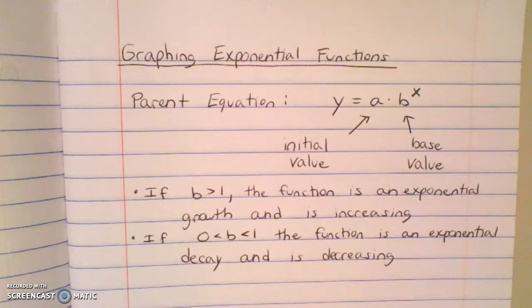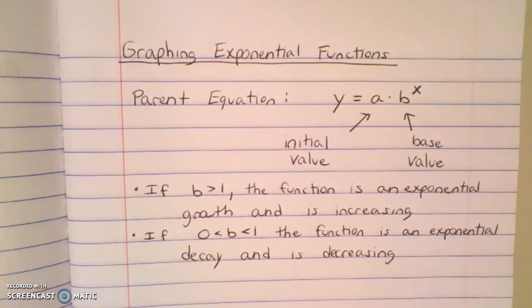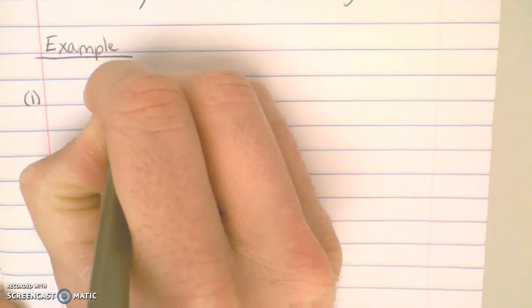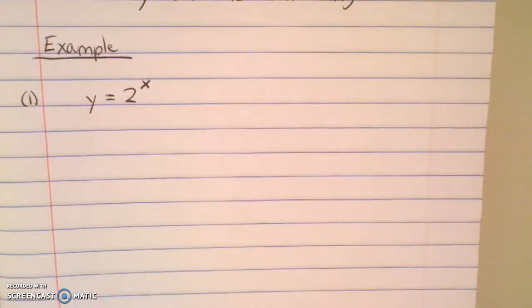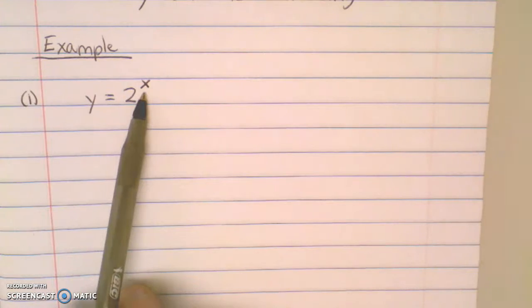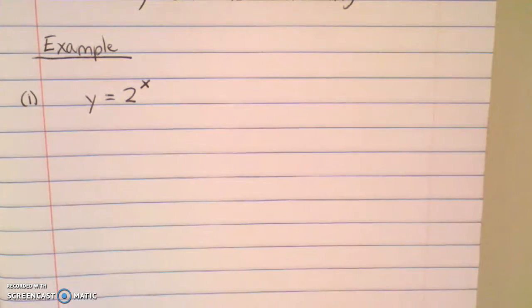So let's take a look at some graphs. All right, so here's our first example. Let's say I gave you the equation y equals 2 to the x. We know it's an exponential equation because the x is in the exponent position.